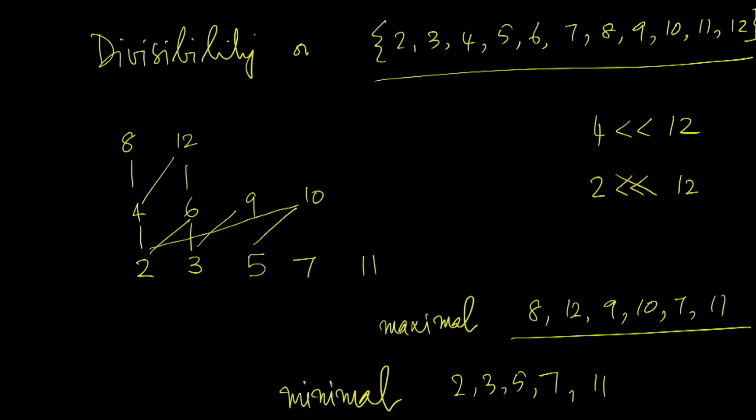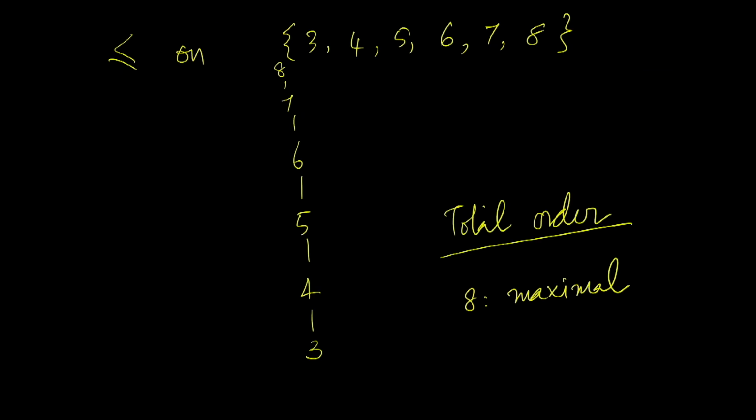But when we come to this, we find that it does not have a first element or a last element. 8, 12, 9, 10, 11 are all maximal elements, but they are incomparable to each other. So, there is no element which is a successor of everybody. Similarly, there is no element which is a predecessor of everybody. 2, 3, 5, 7, 11 are all minimal elements, but there is no first element here. Here 8 is a maximal element as well as a last element. 3 is a minimal element as well as the first element.